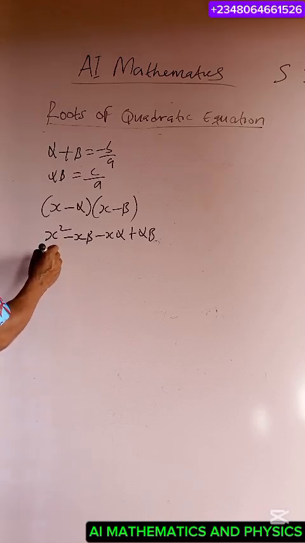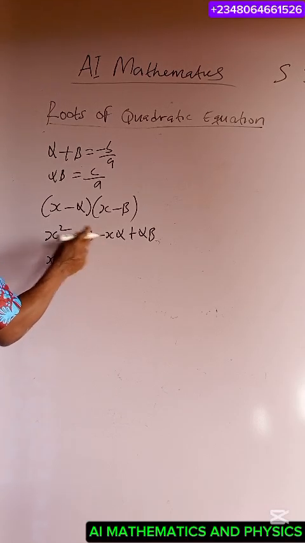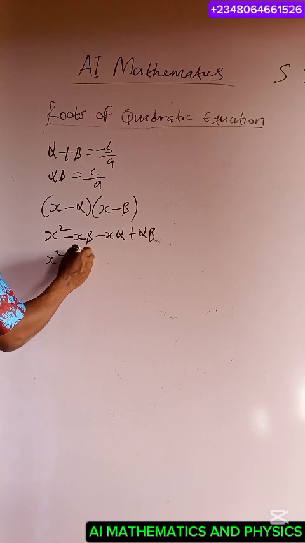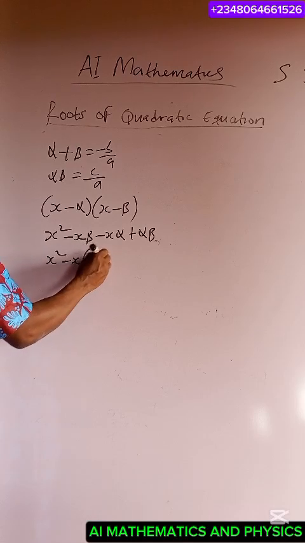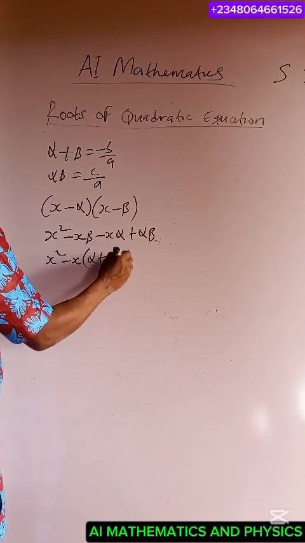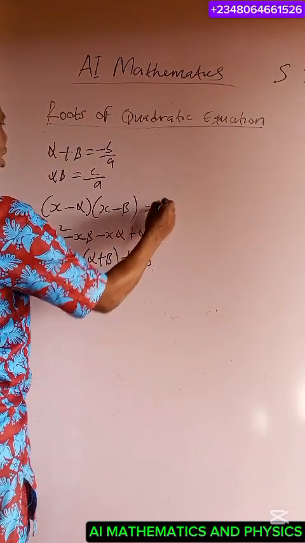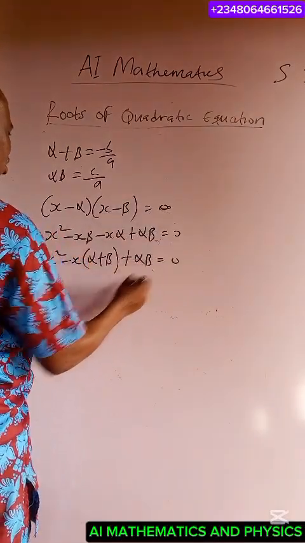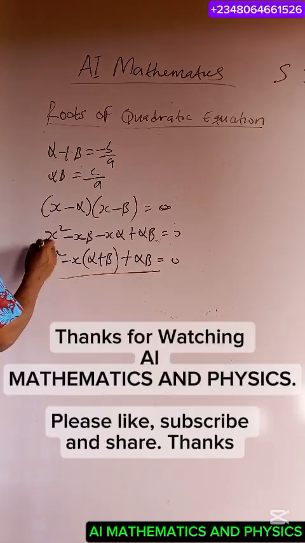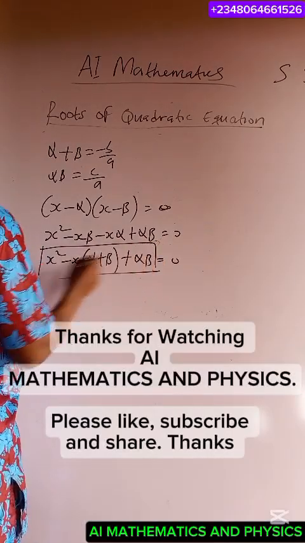You know, x squared, what is common here? Minus x, that's alpha plus beta, plus alpha beta. So you can use this formula to find the equation when you're given the roots.